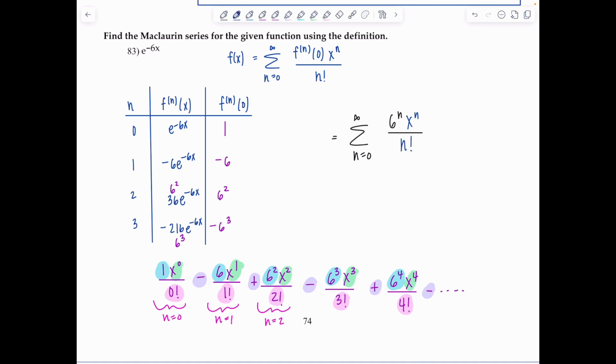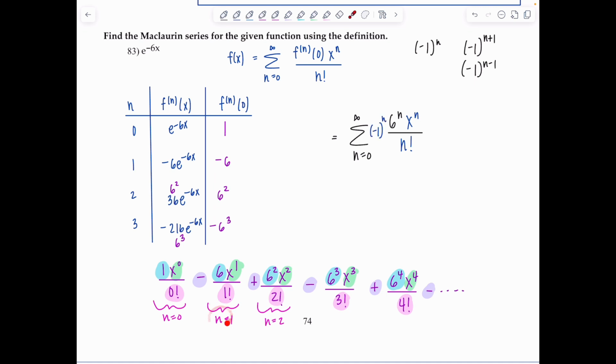And then the last thing is it's alternating. So that means you're going to have either negative 1 to the n or negative 1 to the n plus 1, which is the same as negative 1 to the n minus 1. You just got to see, are the odd terms positive or are the odd terms negative? So this is n equals 0. Negative 1 to the 0 would be positive 1, and the first term's positive. That looks good. So I'm guessing it's going to be just negative 1 to the n. Let me confirm.